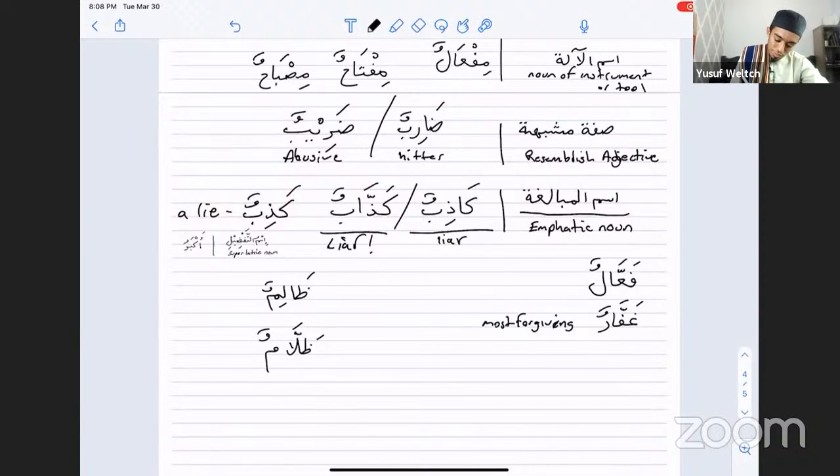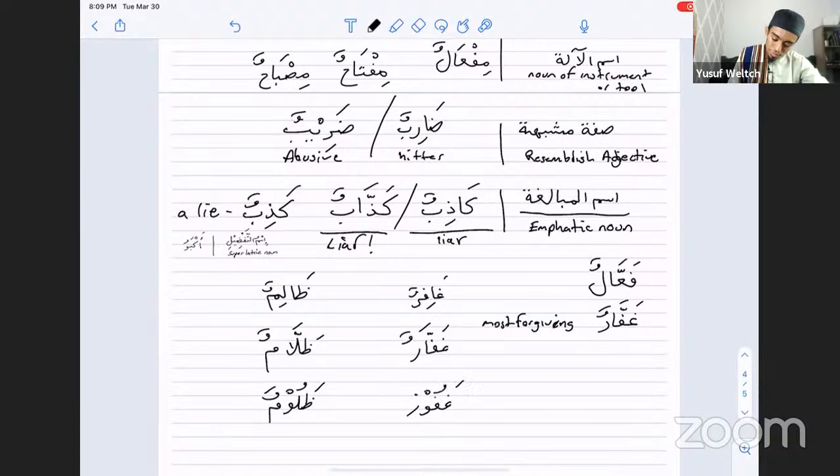And in another verse, the human is dhalumun. Whereas Allah is ghafirun, ghaffarun, and ghafurun. Okay, so these are actually levels of emphasis.